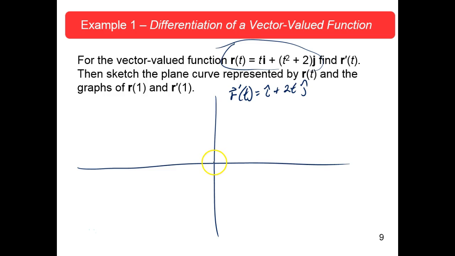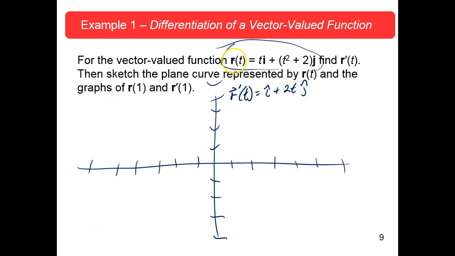Let me just knock off a few points here. So t equals 0 would be 0i plus 2j.